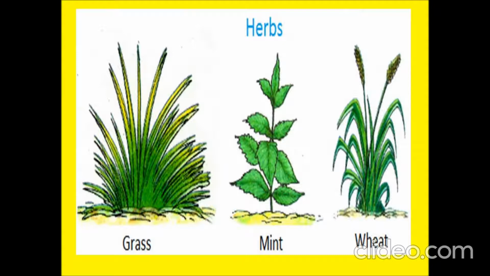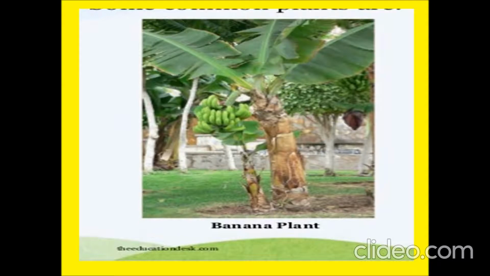Okay children, I hope it is very clear to you all. Now one example, that is banana. It often creates a confusion in your mind that banana plant will come into which group. It is a big plant, but if you see its stem is not a woody stem.